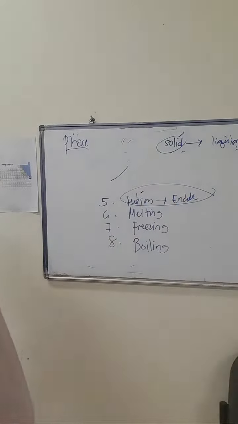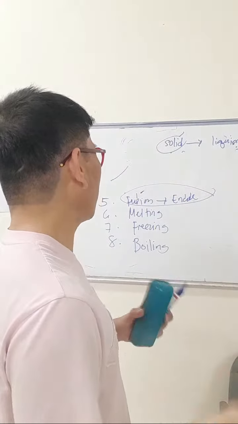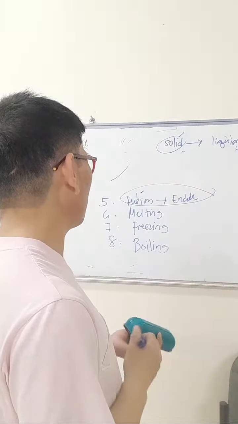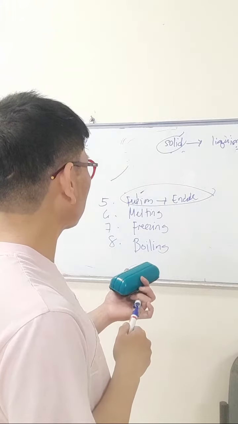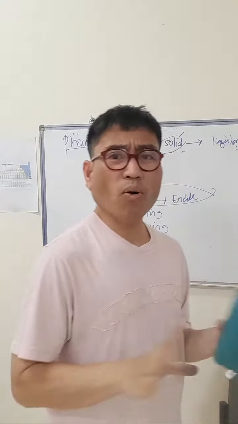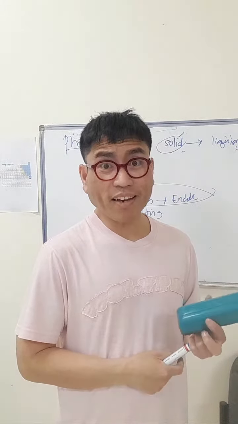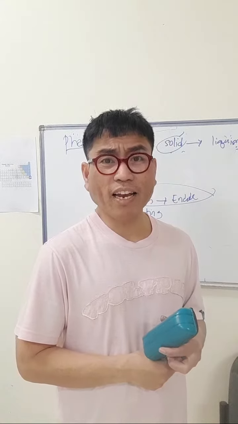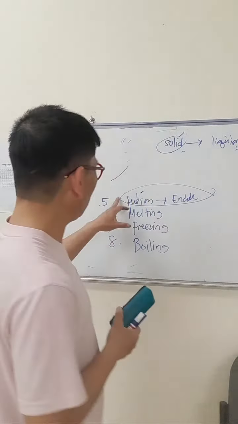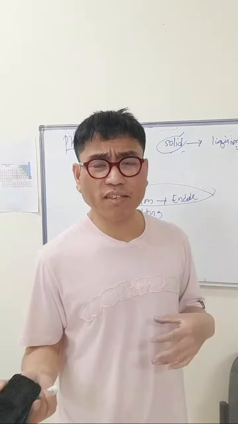Now, melting. It's basically the same as fusion. What's the only difference with melting? Melting is more on different substances, particularly metals and elements. Fusion is limited to the common materials that you try to fuse.